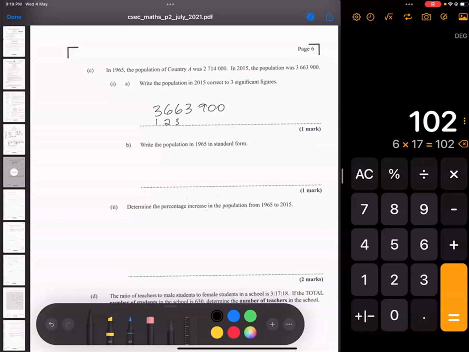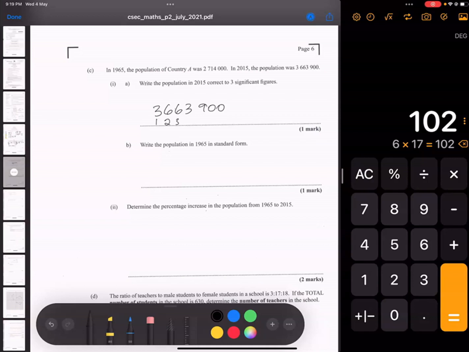So what will then give us our final answer is to look to the right digit from the third significant figure, which is 6, and check to see if it is less than 5, or 5, or more. So we have to do a little rounding, either to round up or to round down. And here we realize that it is less than 5, so we round down.